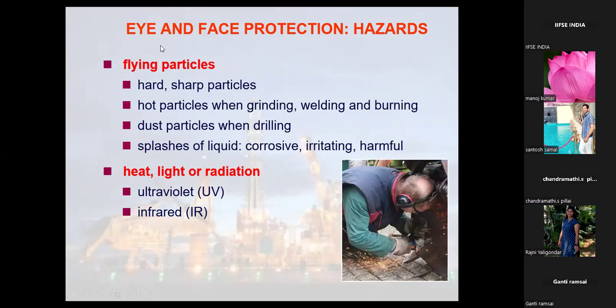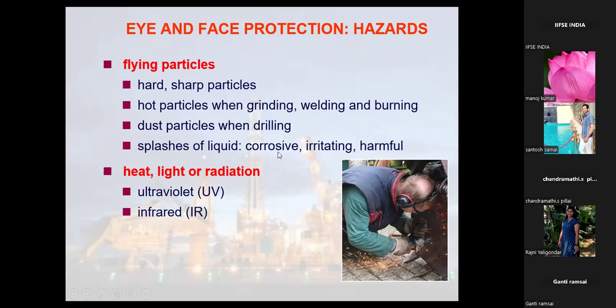Now, the first one, eye and face protection hazards. The hazards can be flying particles. These flying particles can be hard, sharp particles, or hot particles when hot work is being done, such as grinding, welding, and burning, or gas cutting. Then dust particles when drilling, splash of liquid.